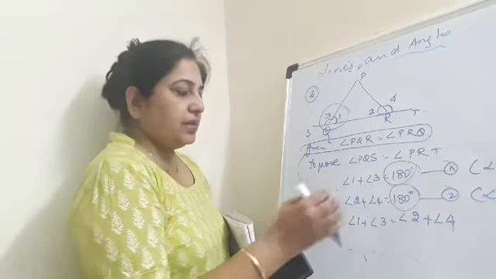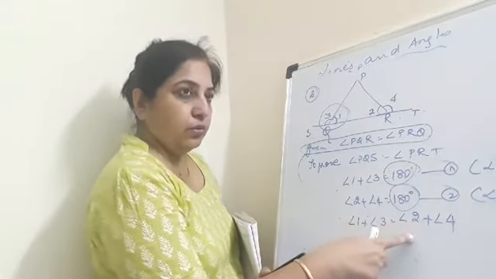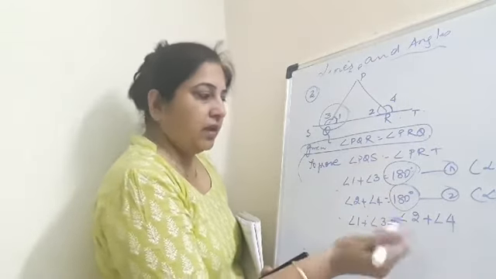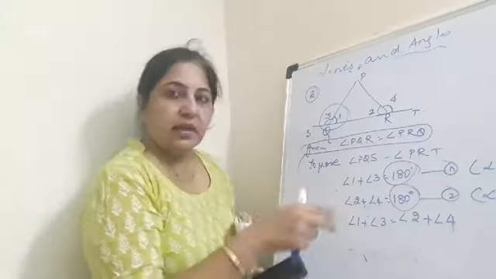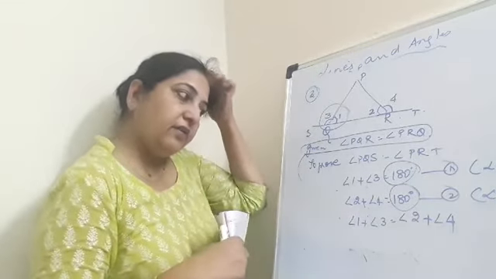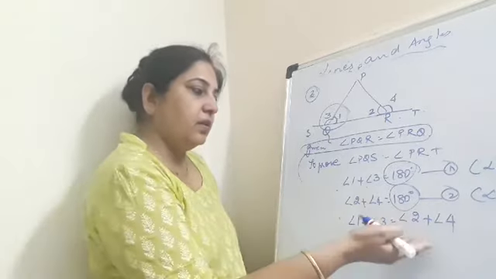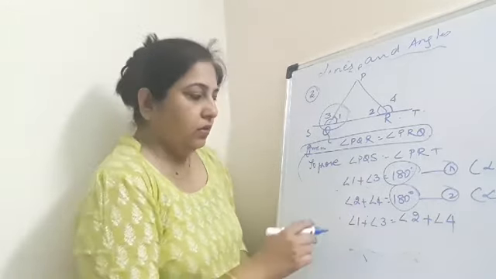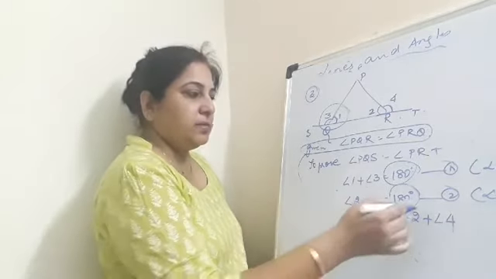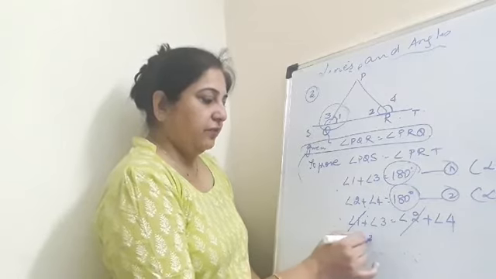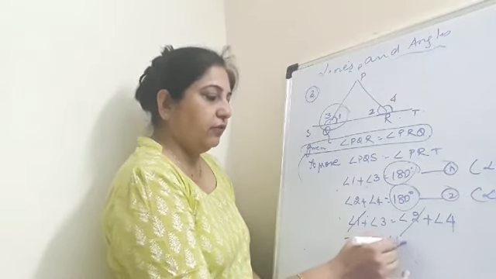As we know that angle 1 is equal to angle 2, in place of angle 2 I can write angle 1 and bring it to the left side, so it will cancel. Instead of writing all those steps, we can directly cancel 1 and 2 because they are equal, and here we write therefore angle 3 is equal to angle 4.